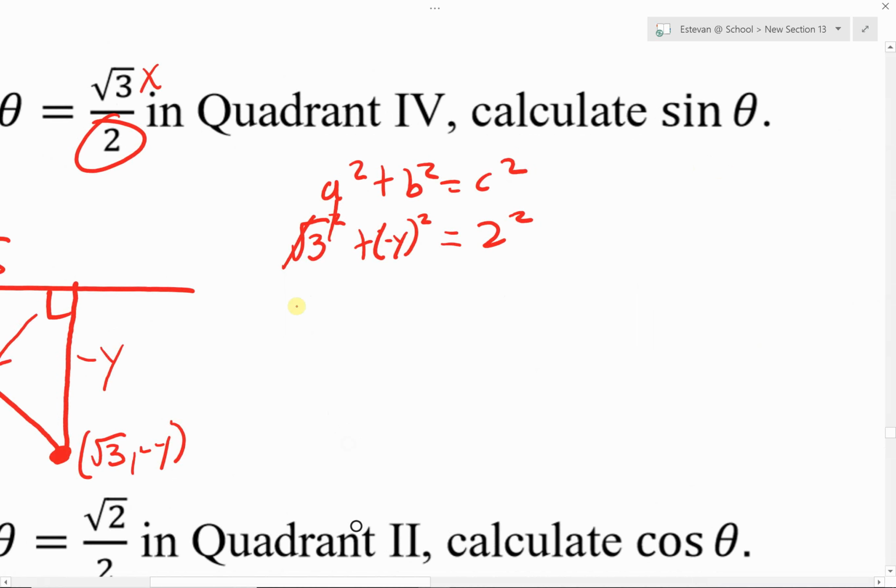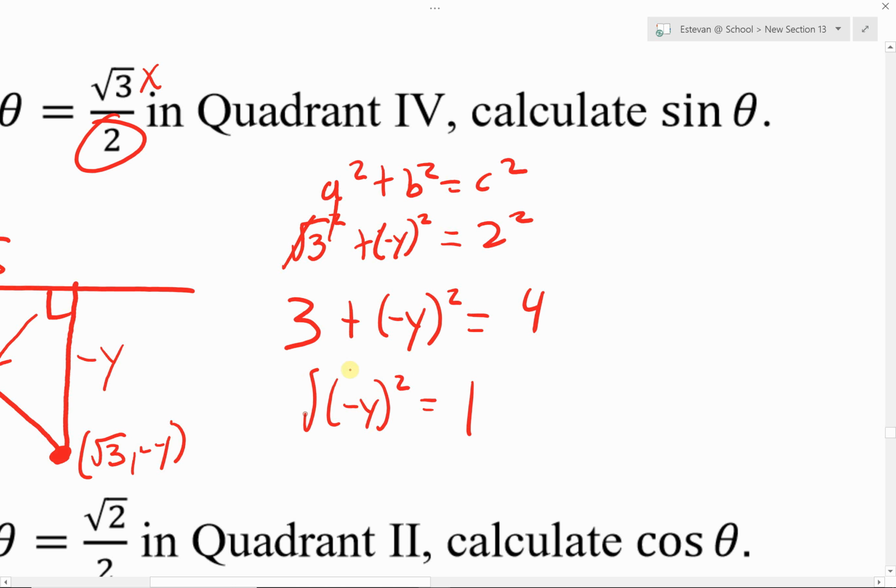Okay, so that cancels, leaving me with 3 plus, I'm going to put that in parentheses still, negative y squared is equal to 4. Subtract 3, so I'm left with negative y squared is equal to 1. And then I need to square root them. It's leaving you with negative y is equal to 1. We want to take that away, so we just switch the signs: y is equal to negative 1.